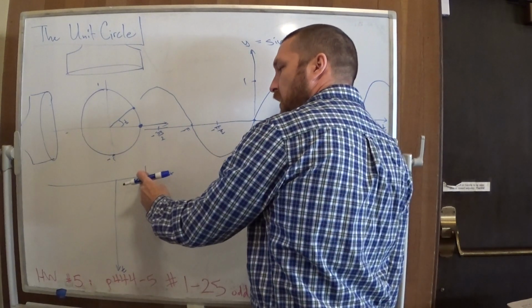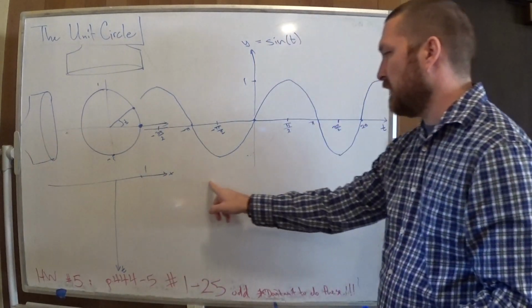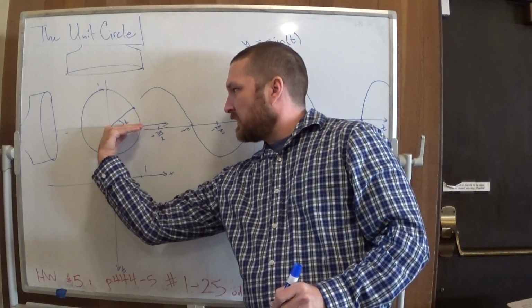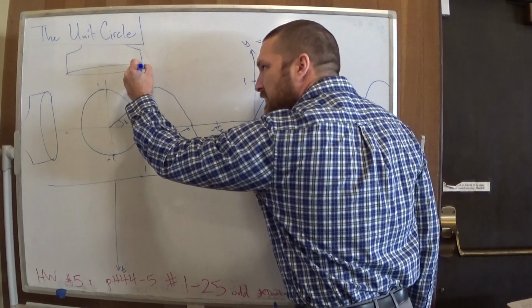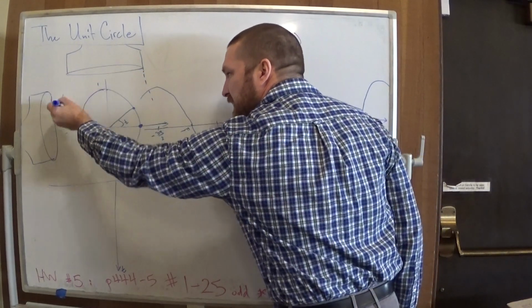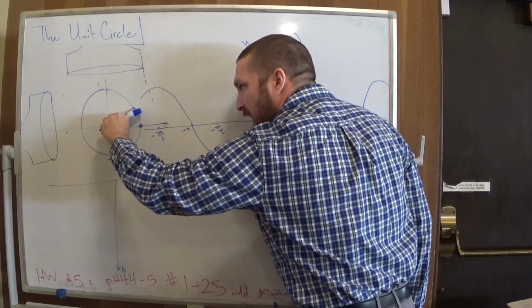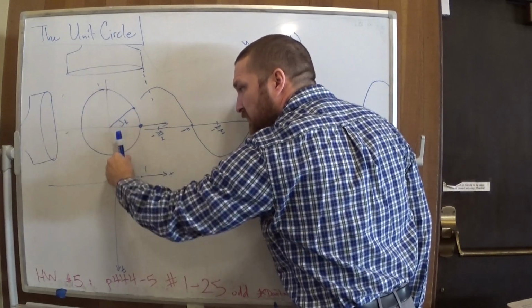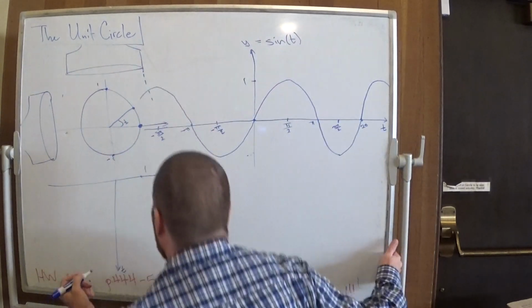It starts at 1 when t is 0. Then what happens? Does it get bigger or smaller as t increases? It gets smaller, because look at what the light's doing. The light's projecting down. This point starts off here, and then as t goes, it gets closer and closer to 0 until you're up to here, and it's actually at 0.